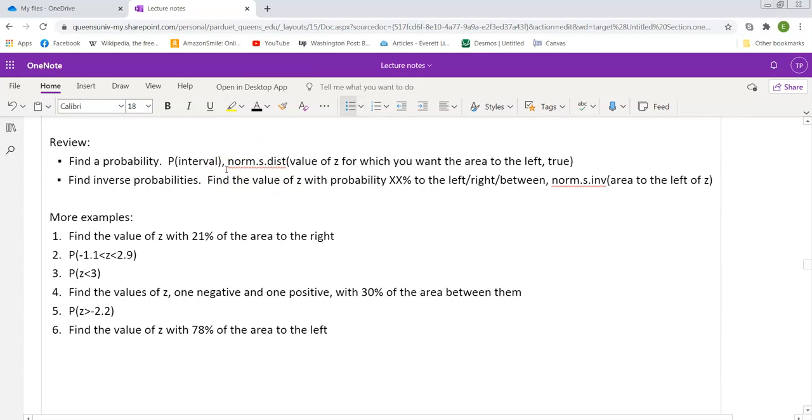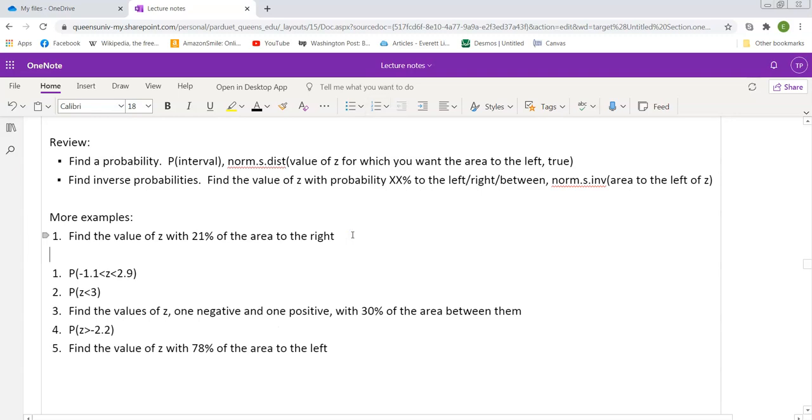And then you have to figure out what's the area to the left and type it in there. For the rest of them, they're going to say find the value of Z with this probability. So these are the NORM.S.INV ones. So find the value of Z. This is going to be a NORM.S.INV problem. Same thing with this one, and same thing with this one. So 1, 4, and 6 are NORM.S.INV problems, right?